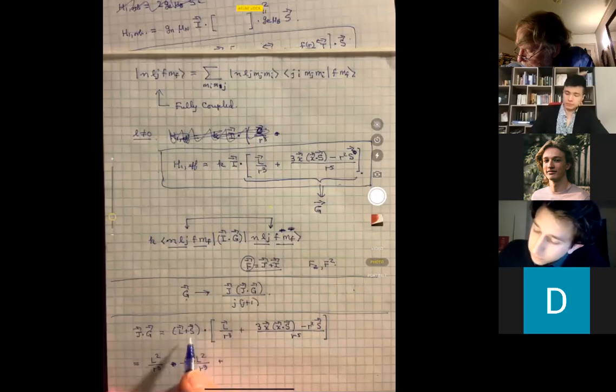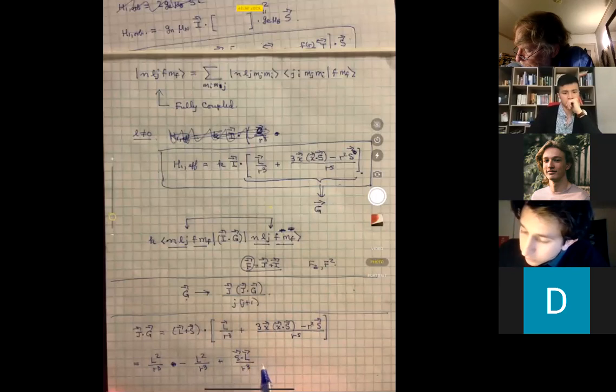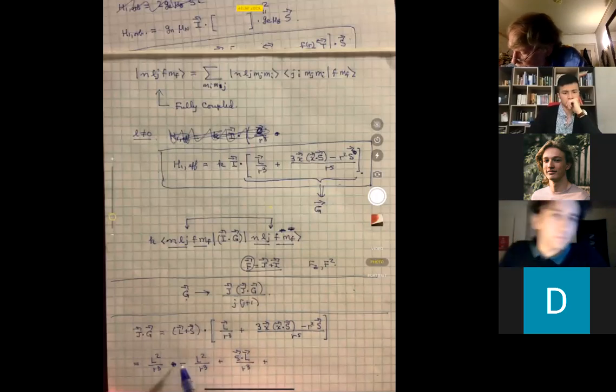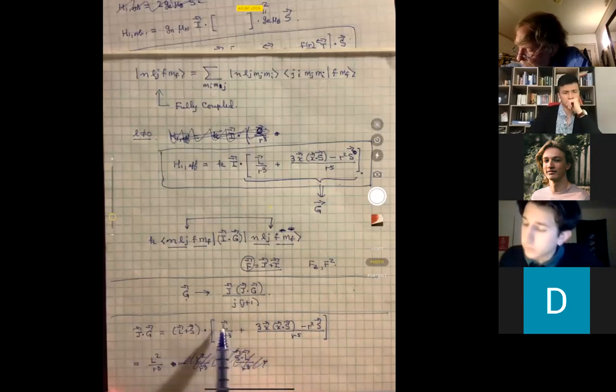Excuse me, I did this wrong. So multiplying through by L, the first term gives me L squared over R cubed.